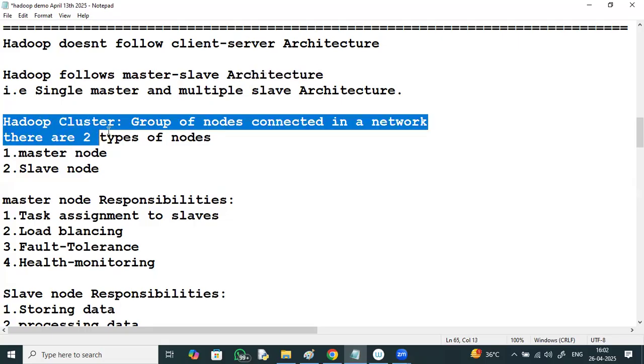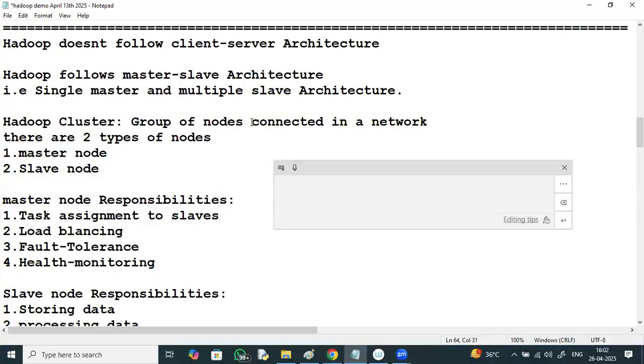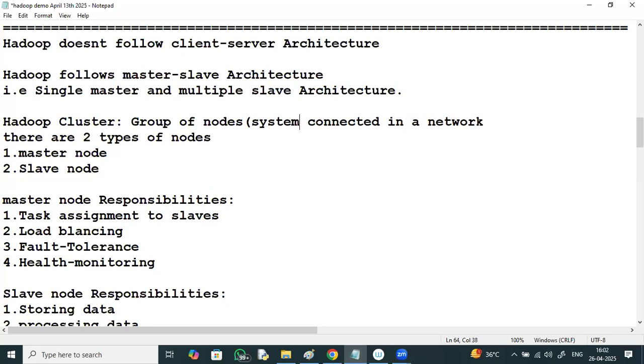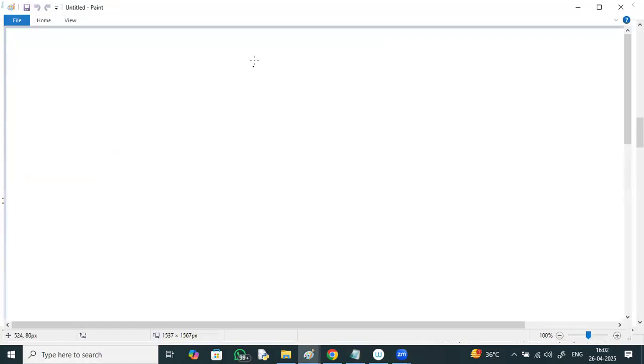Hadoop cluster: a group of nodes. Group of nodes means systems connected in a network. So Hadoop doesn't follow client-server. It follows master-slave architecture, right? So single master and multiple slaves.